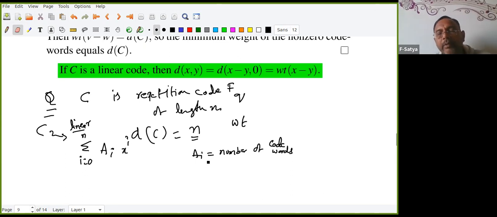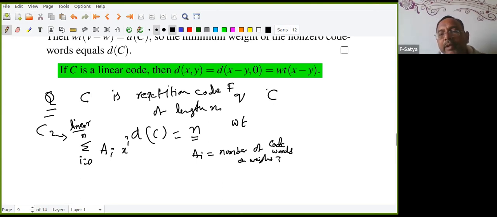But remember now, A_i is the number of code words of weight i. For example, you remember Sonali did one code, the last example she did, right?